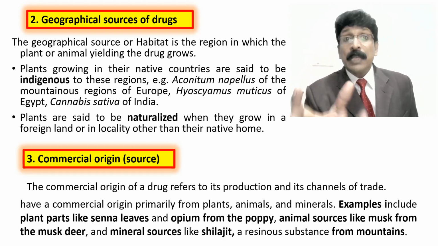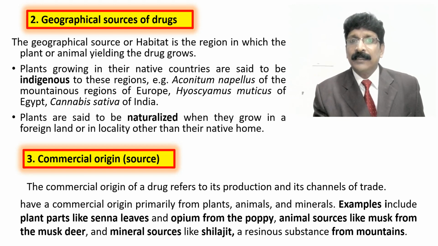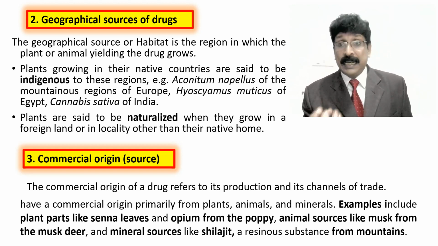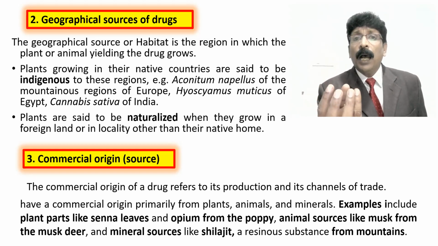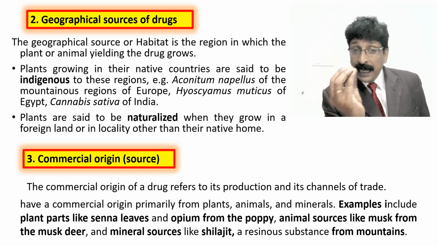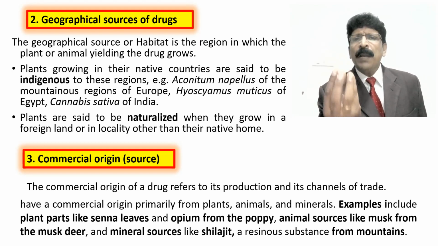Or the animal source like musk. Yesterday we discussed the musk deer. It has very interesting medicinal value; the musk gland is taken from the musk deer. Near the scrotum and penis area, there is a gland which has more medicinal value.